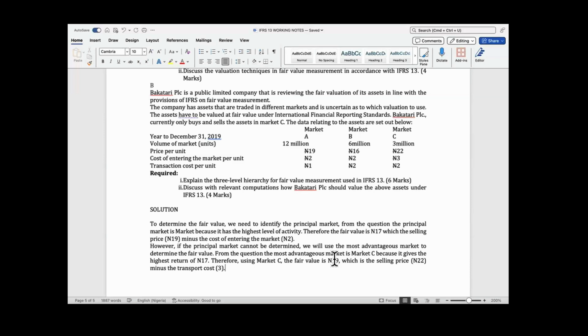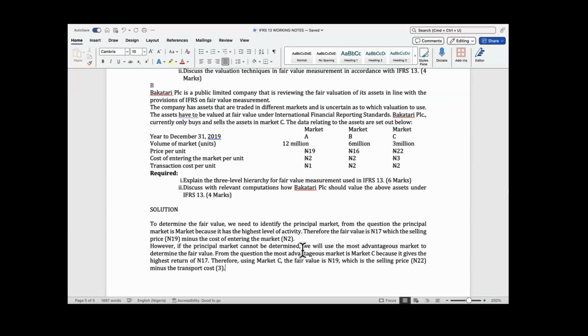I said that when determining the most advantageous market, we use the market that has the highest return. So for that one, we deduct all the costs just to determine the most advantageous market. That's not the fair value.